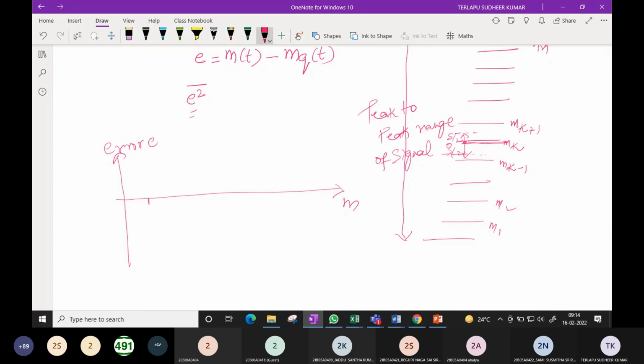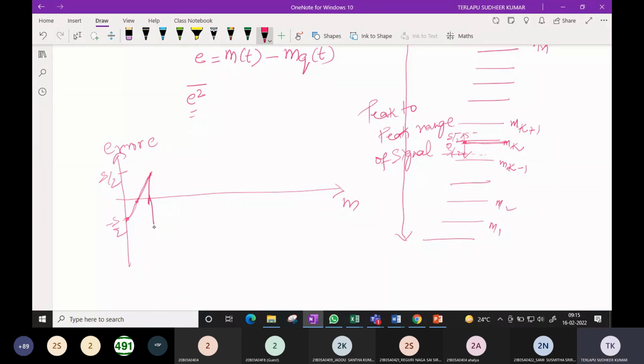So during the first quantization level, I can have the error ranging from minus S by 2 to plus S by 2. As my signal is increasing linearly, this is what I expect, the error. Initially it is minus S by 2. When the signal coincides, it becomes 0. Then again it becomes plus S by 2.